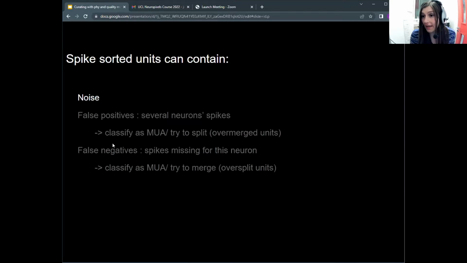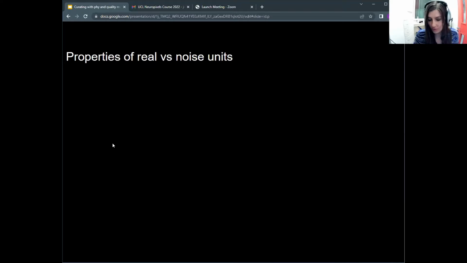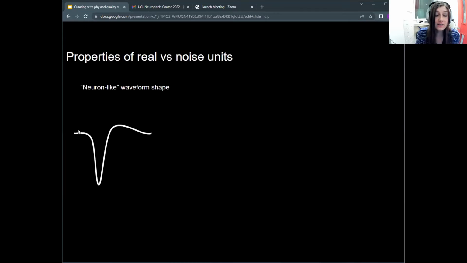So the first thing we're going to look at is noise, which is pretty easy to spot, which is nice. Real neurons have several properties, which you probably know. The first of which is that neurons have a particular waveform, which looks something like this. There's usually one really nicely defined trough that's quite large and one smaller peak.